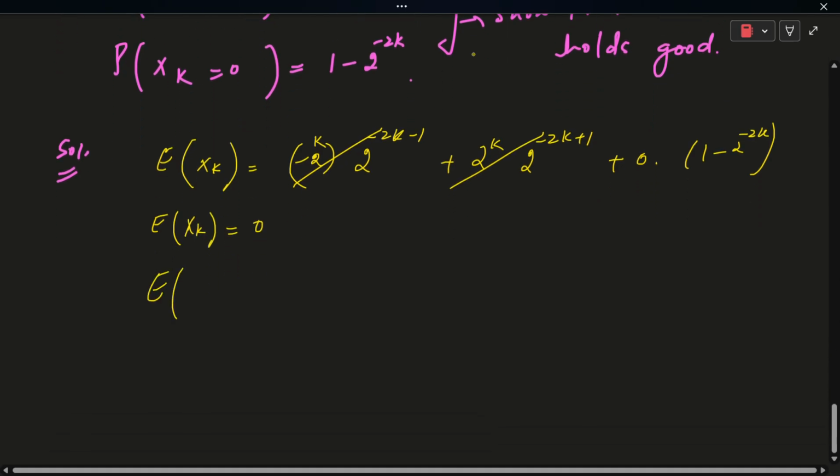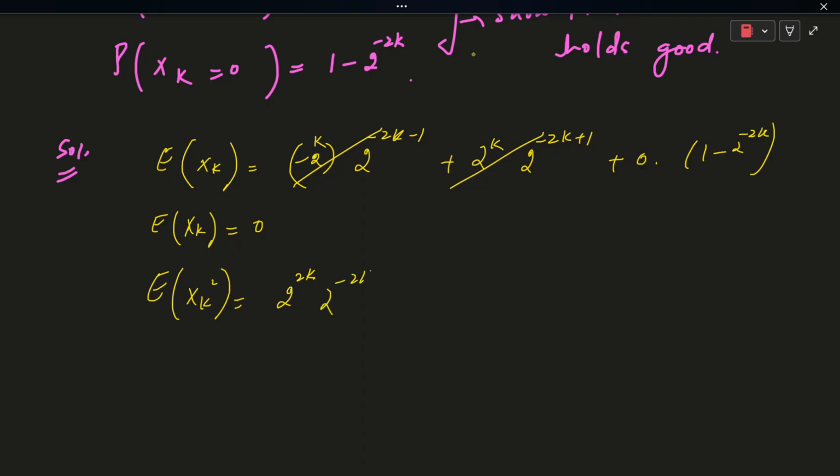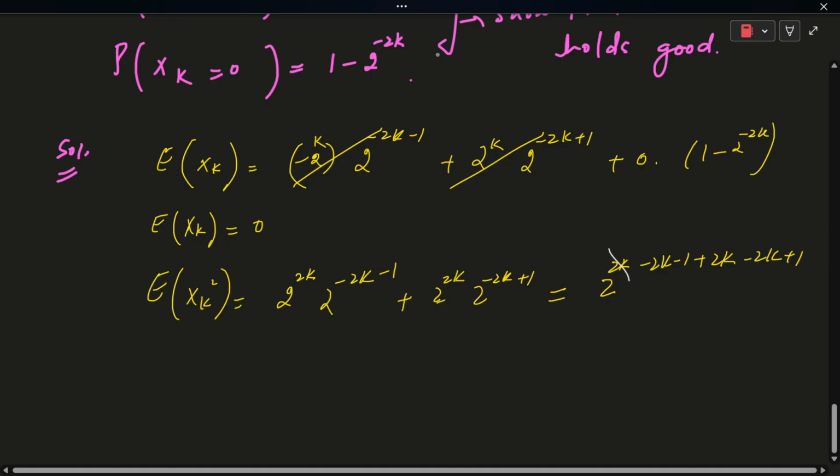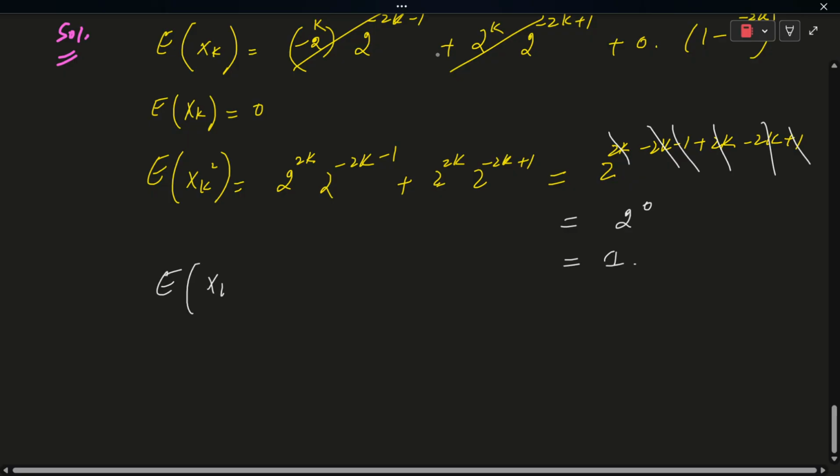Now what will expectation of Xk square be? The square of this is 2^(2k) times 2^(-(2k+1)) plus 2^(2k) times 2^(-(2k+1)), and 0 squared is 0. The base is the same, so the powers get added, so I added them all. See, the 2k cancels out, the -1 plus 1 cancels out, leaving 0 on top, so 2 raised to power 0 is equal to 1. So expectation of Xk square is equal to 1.